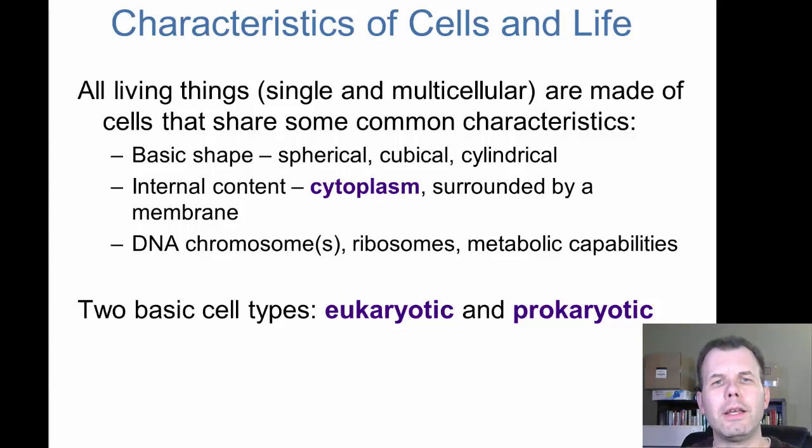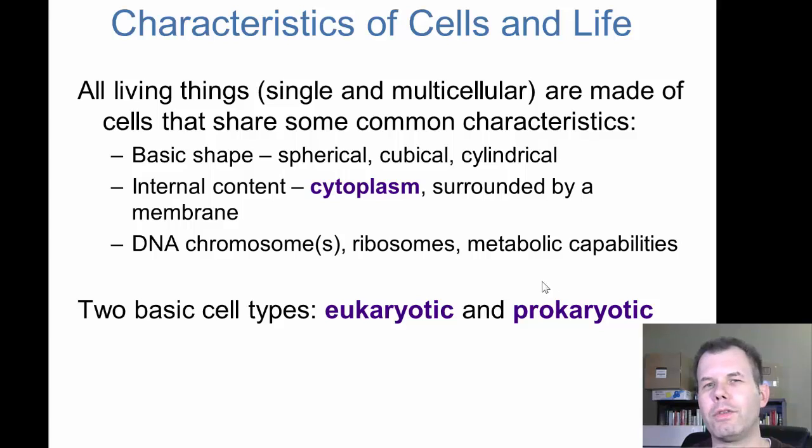So again, we need to know what life is. When we talk about life, we look at these things called cells. What we think of as cells is either a single or multicellular unit made up of cells that have common characteristics. We'll talk about the basic shapes of the cells, the internal content, the cytoplasm, the membrane that surrounds it, and finally the DNA chromosome, ribosomes and metabolic capabilities.